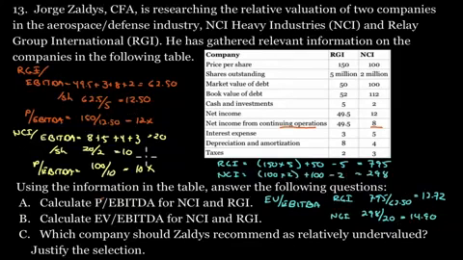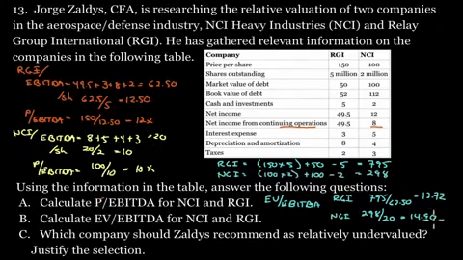Well, let's have a look and see if we can come up with any information here. Our net income 49.5 is much greater than the net income for NCI. Our interest expense is lower, which is leading to the conclusion that we probably have less debt, and we appear to be more tax efficient. RGI appears to be more tax efficient. So perhaps the difference between the two is justified.